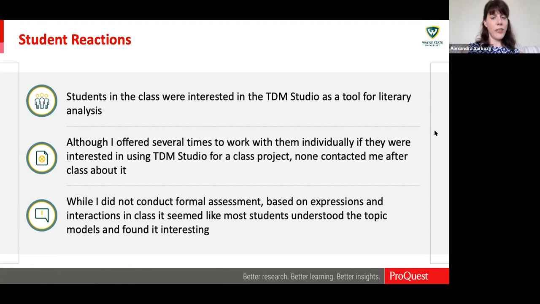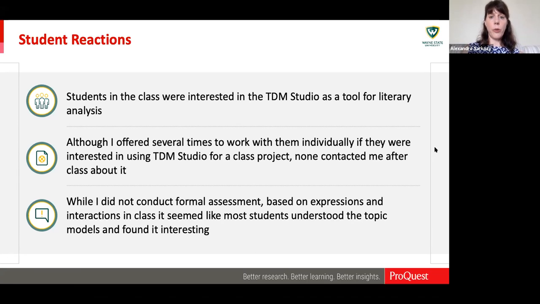There were a lot of "cools" and kind of murmurs when we started to be able to make the connections between the topics that the TDM tool had generated and actual news events that had happened that students knew about, or that we were able to contextualize in sort of a narrative manner rather than mathematically modeling it through digital humanities.